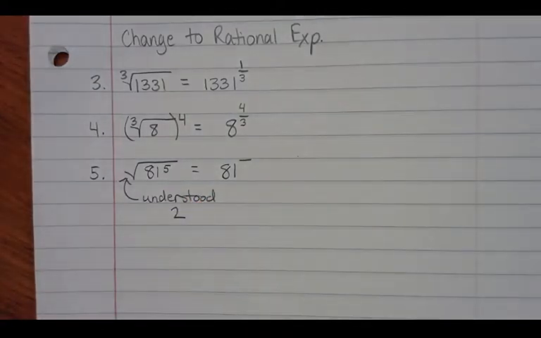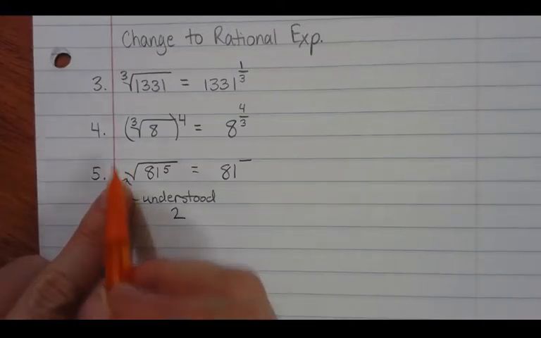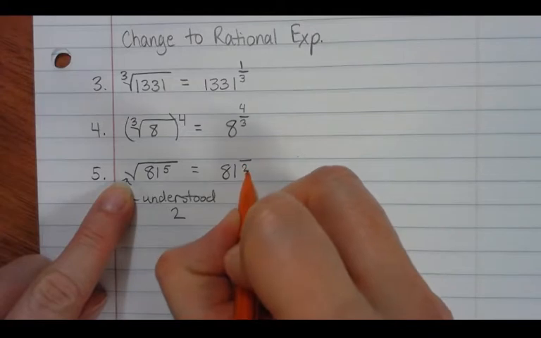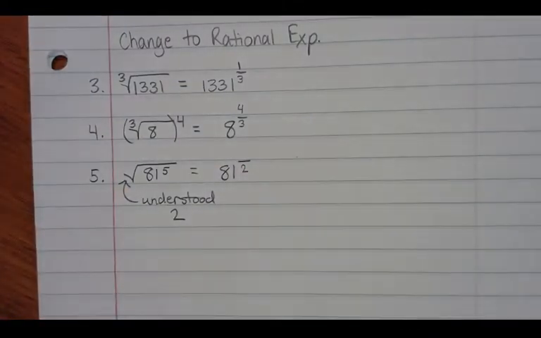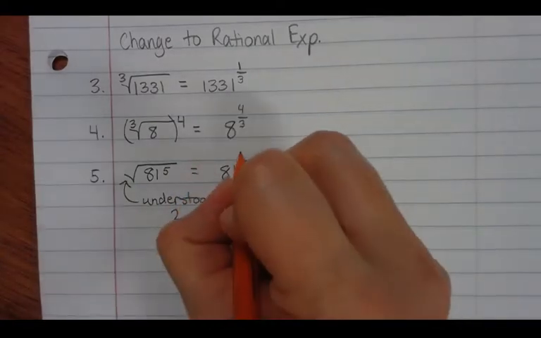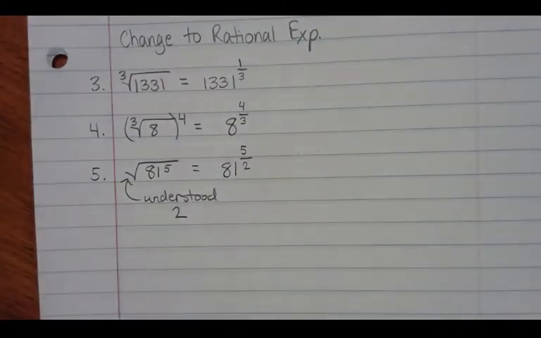For that square root symbol, we actually have an index number of 2. So with that index number, it becomes our denominator of our fractional exponent. And the 5, because it's up high, it stays up high as the numerator. So we have 81 raised to the 5/2.